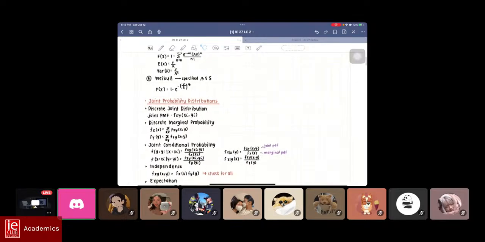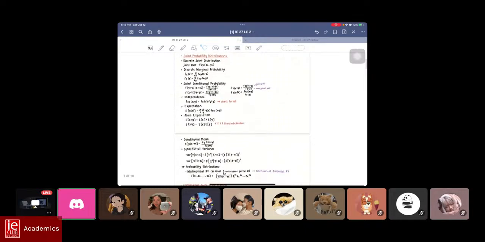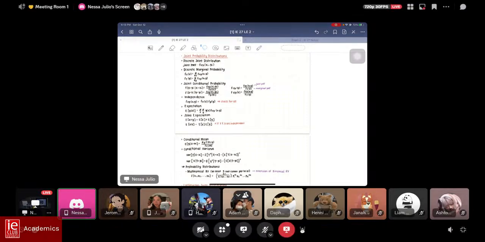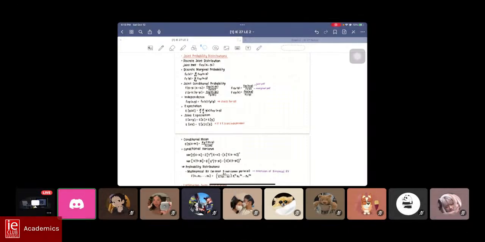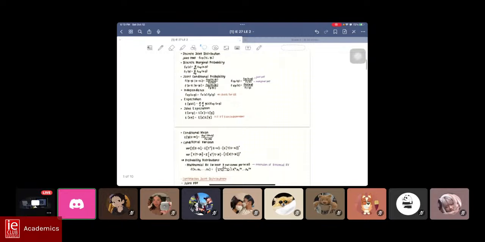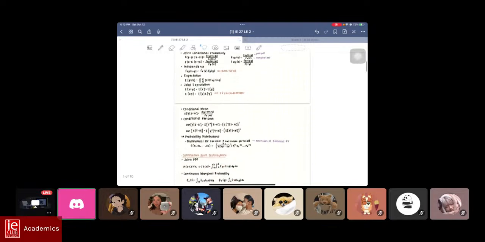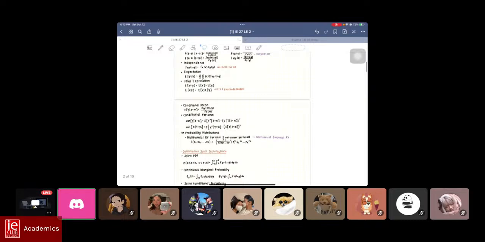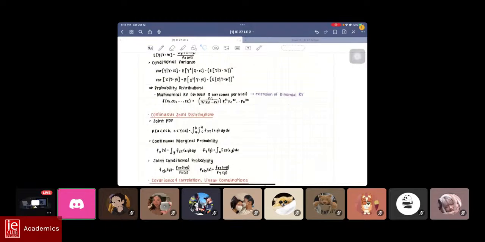And then for the joint probability distributions, I think it's medyo straightforward naman in the question. So usually you have to memorize the formulas lang talaga and then plug what's given in the formulas. So I'm not sure if I wrote everything, so baka don't fully rely on this. But yeah, I wrote some of the formulas here. And then another probability distribution pala, but it's discrete, is your multinomial RV.